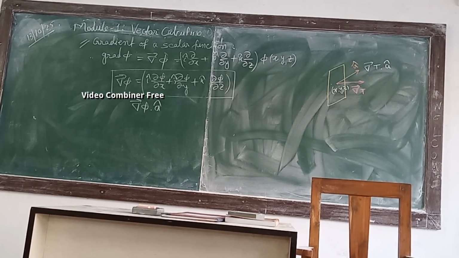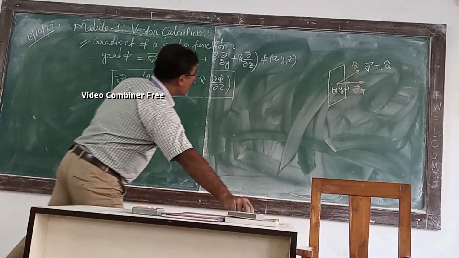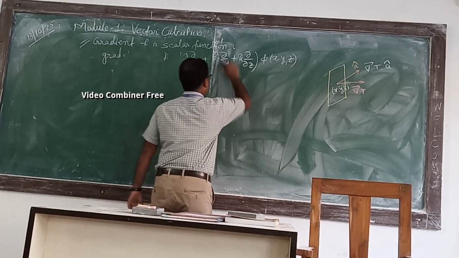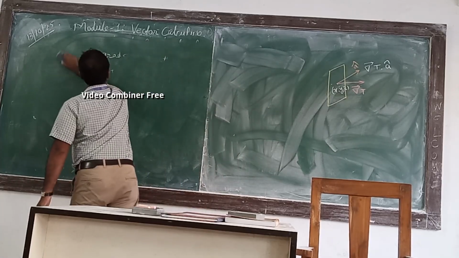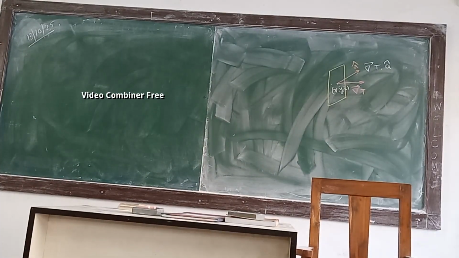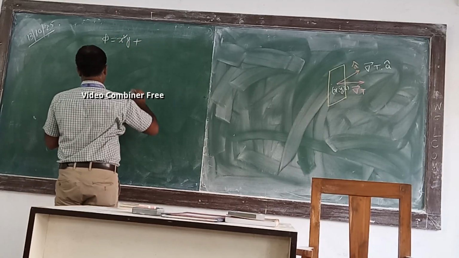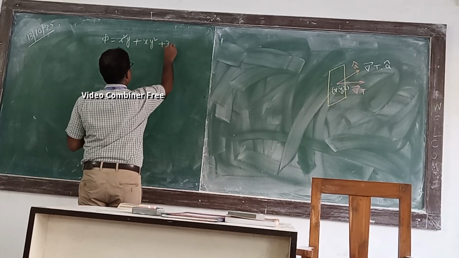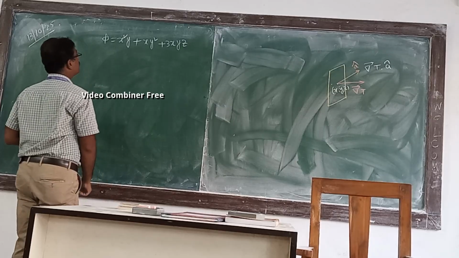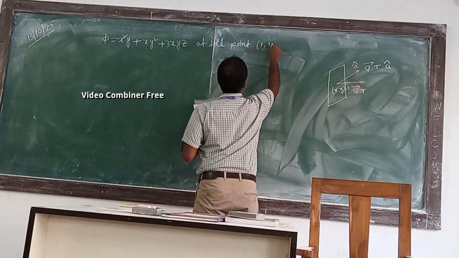Problem 1: calculate the unit vector which is normal to the surface phi equals x square y plus x y square plus 3xyz at the point 1, 1, minus 1.